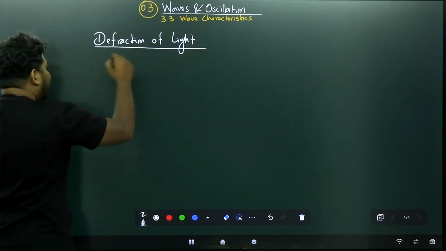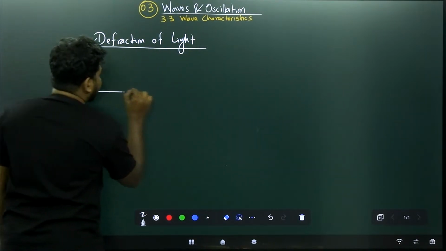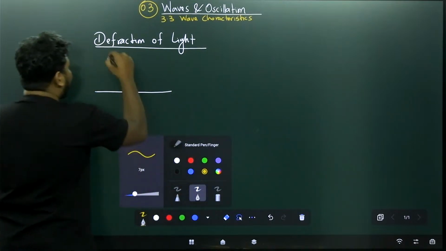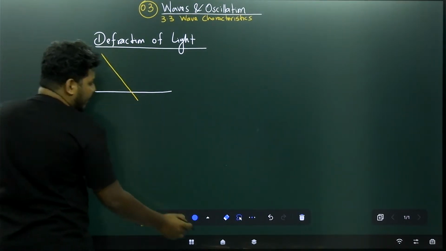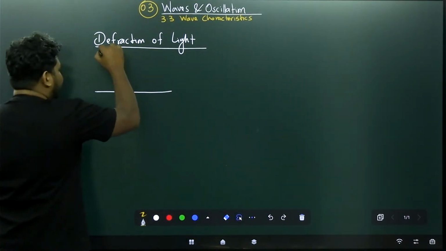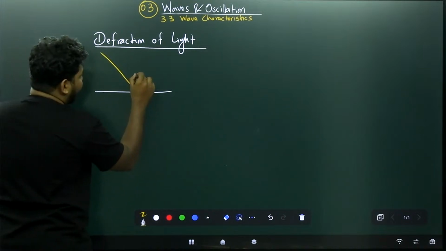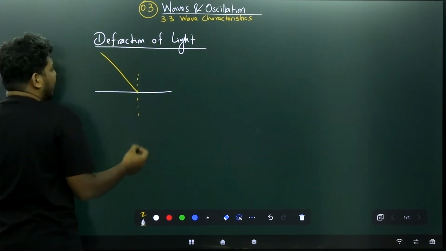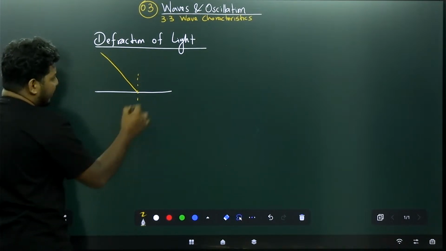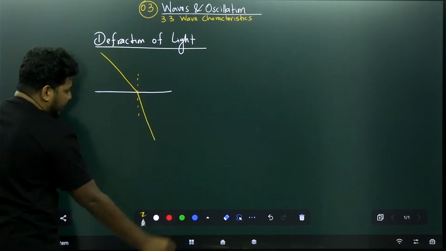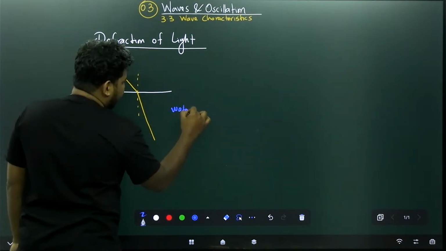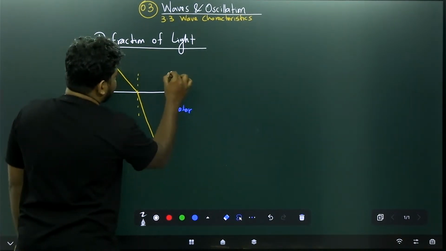So this is the water surface, and when a light beam is coming from the air, this light beam's path will change, something like this. Let's say this is water, and this is air.